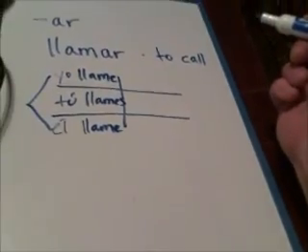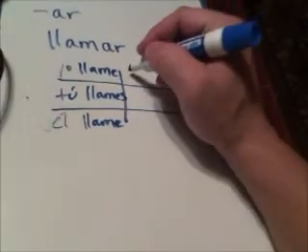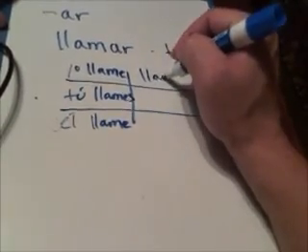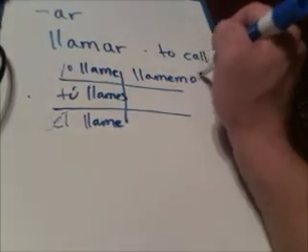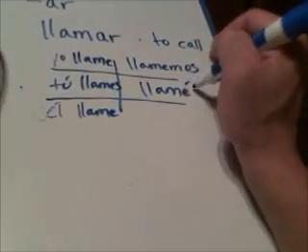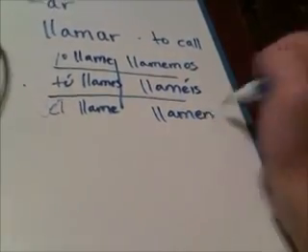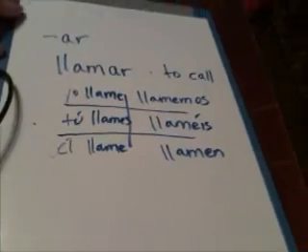Notice that the first and the third person singular are the same. Okay, and then we got nosotros llamemos. Llaméis. And then llamen. Ellos, ellas, ustedes. Okay, that's llamar.